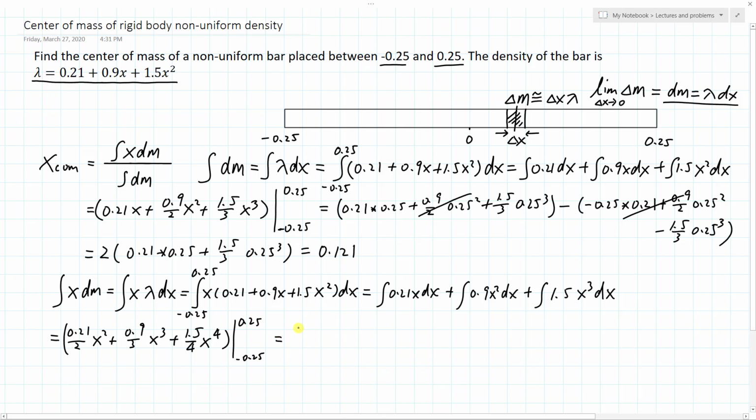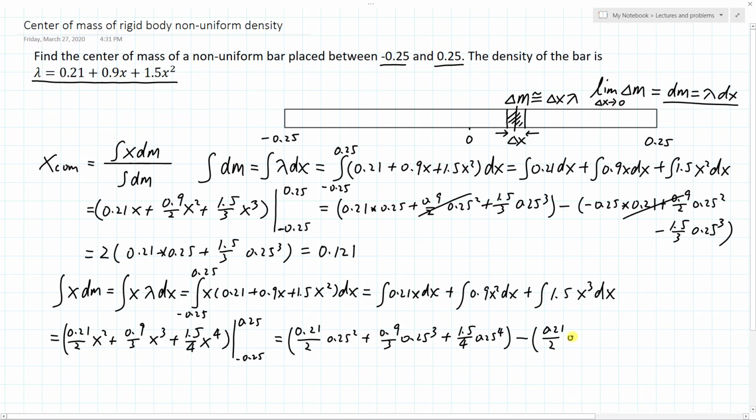So we're familiar with this routine. And subtracting with the negatives.